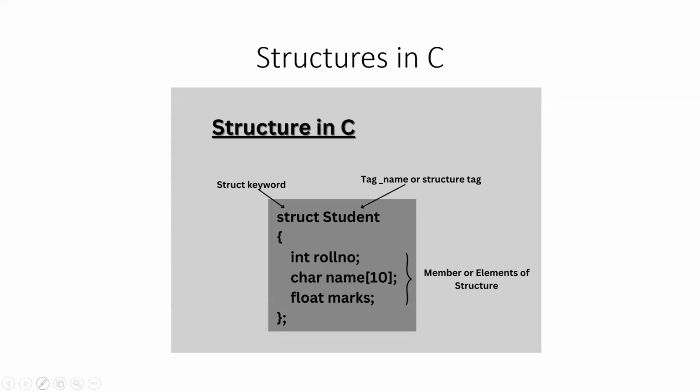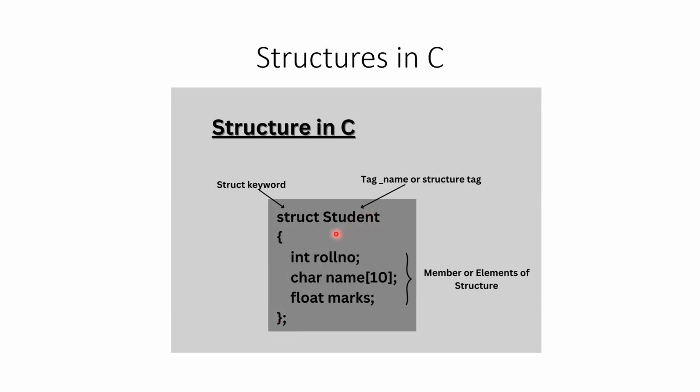A structure is always declared using the struct keyword followed by the name of the structure and braces, which will be considered the body of the structure, where we need to define the members of the structure.